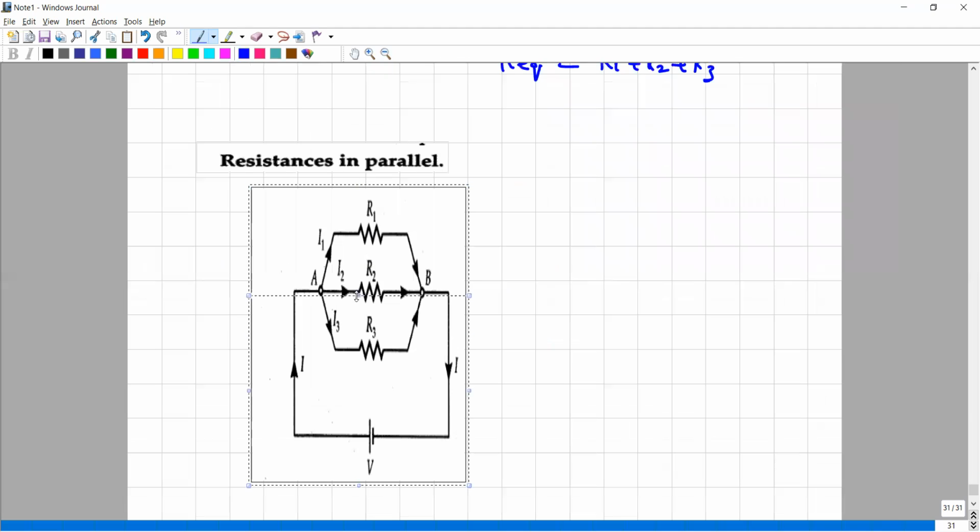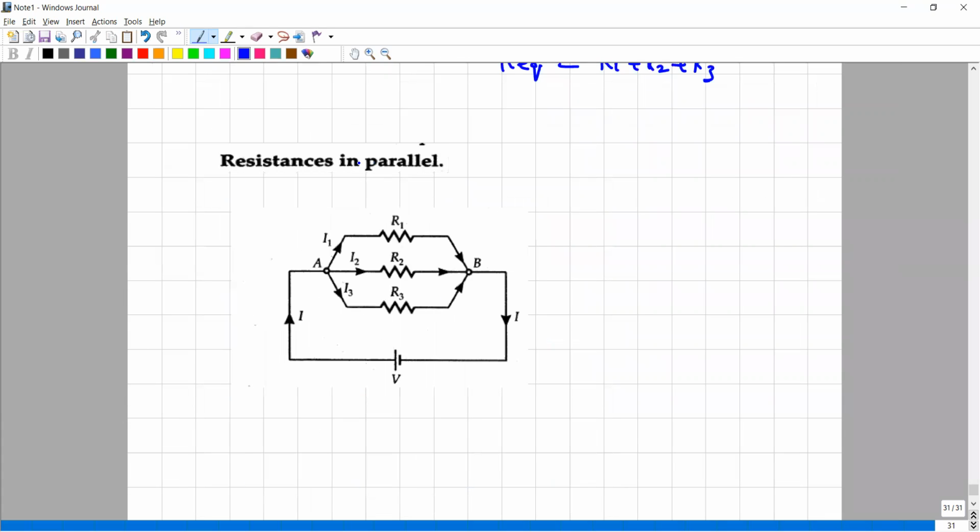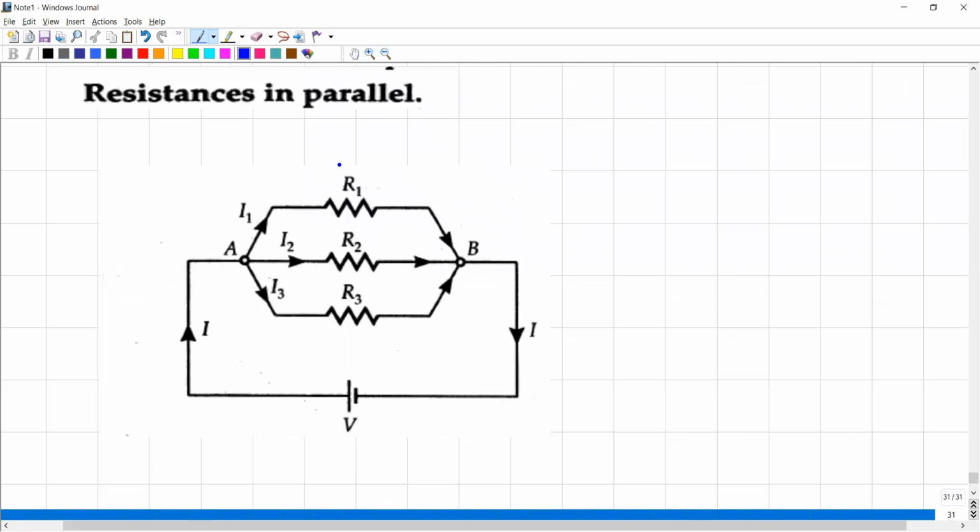As we can see here, these resistances R1, R2, R3 are connected across the same common points A and B. That means all three must have the same potential drop, because they're connected across the same points.